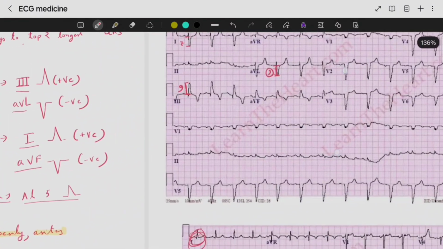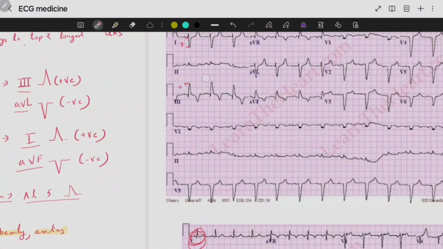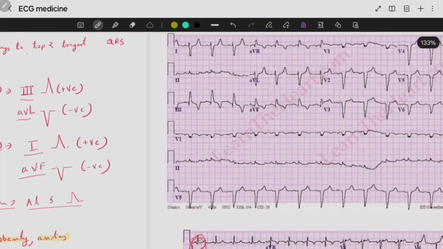Now see this ECG. Okay, first see in this image, lead 1 is almost 7 boxes. Here almost 2, here 9. Lead 1, 2, 3, and it is also almost 9, and aVF it is almost 4, 5. Okay, so what are the highest leads?